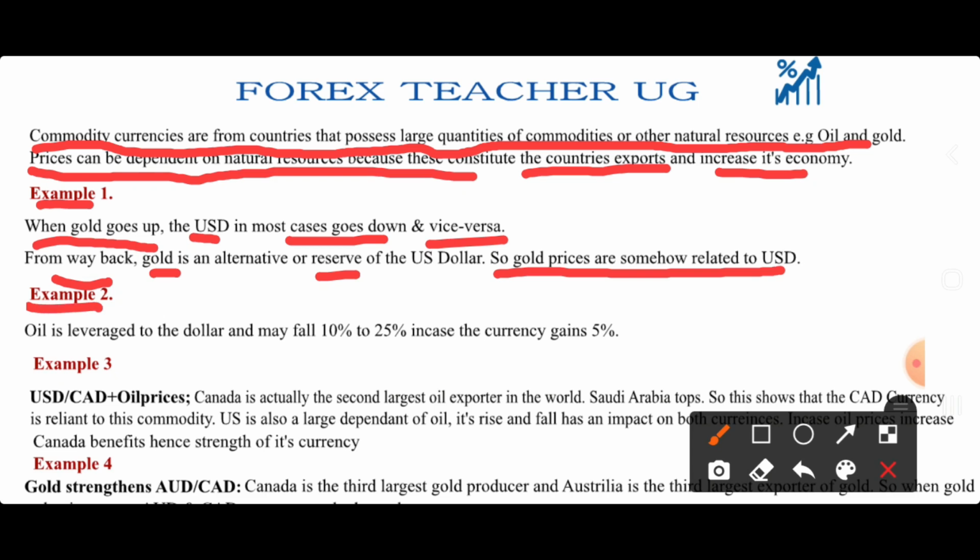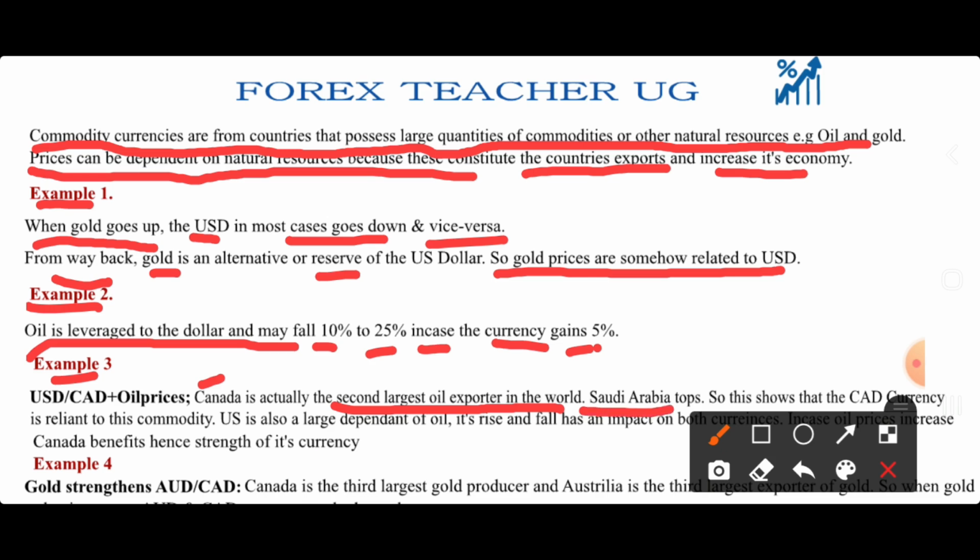So let's look at example 2. Oil is leveraged to the dollar and may fall 10%, 25% in the case of the currency gain of 5%. So let's look at example 3 here. United States dollar against the Canadian dollar, USD/CAD, plus oil prices. So Canada is actually the second largest oil exporter in the world.